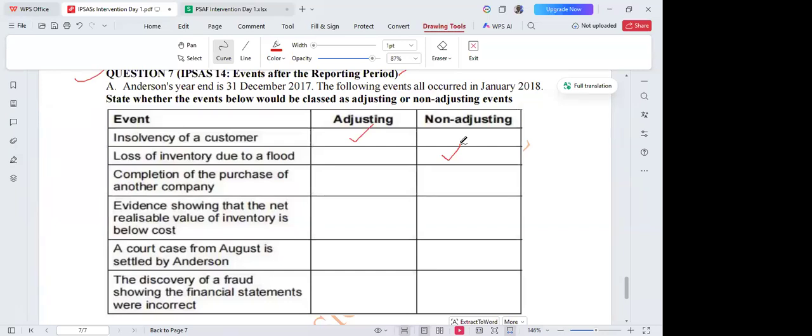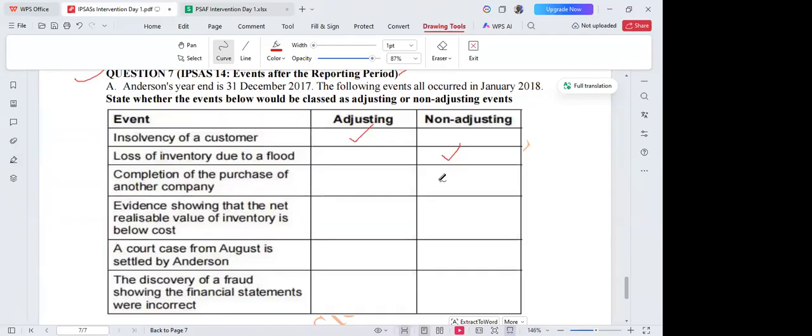Okay, Josephine, go ahead. I think it is non-adjusting because the company was acquired at the end of the year, and its operation will start the next year.